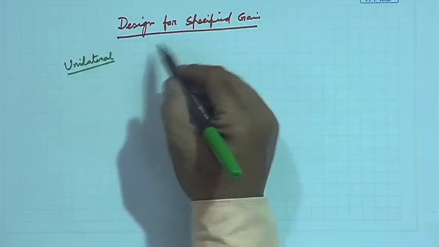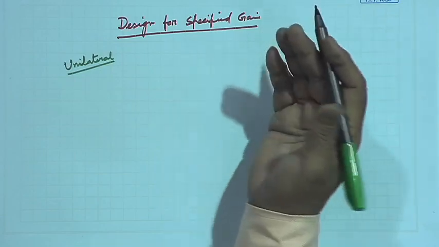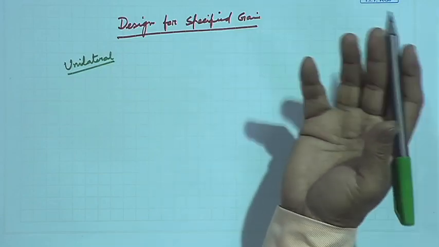So, when we design for a specified gain which is less than the maximum transducer gain possible, definitely we are deliberately putting some mismatch in the device. We are not properly conjugate matching, we are putting that mismatch, and that is why we are getting less gain, but we are satisfied with that, because that much mismatch, that much power loss, we can suffer sometimes. If not, then do the conjugate matching, which is the best design.